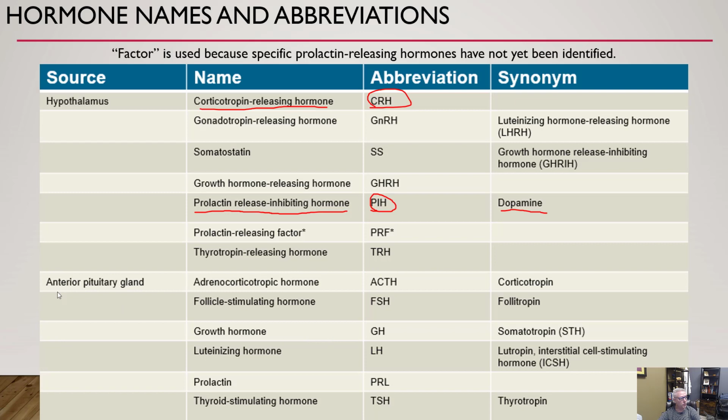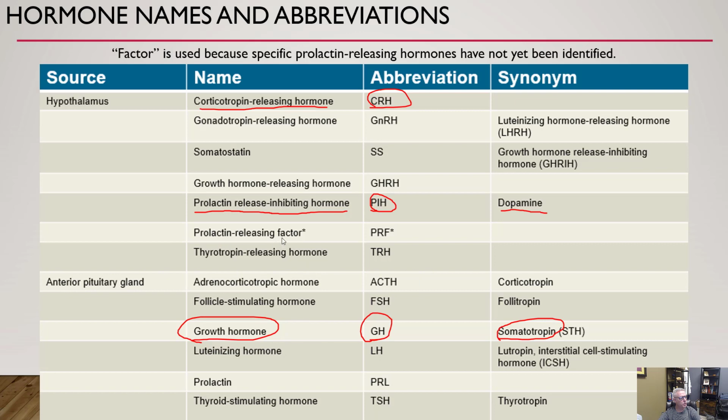So for example, I know it as growth hormone and I abbreviate it as GH, but in other fields I've heard it called somatotropin. So it depends on where you work as to what you're going to call it. But just know that different hormones have different names for the exact same thing.